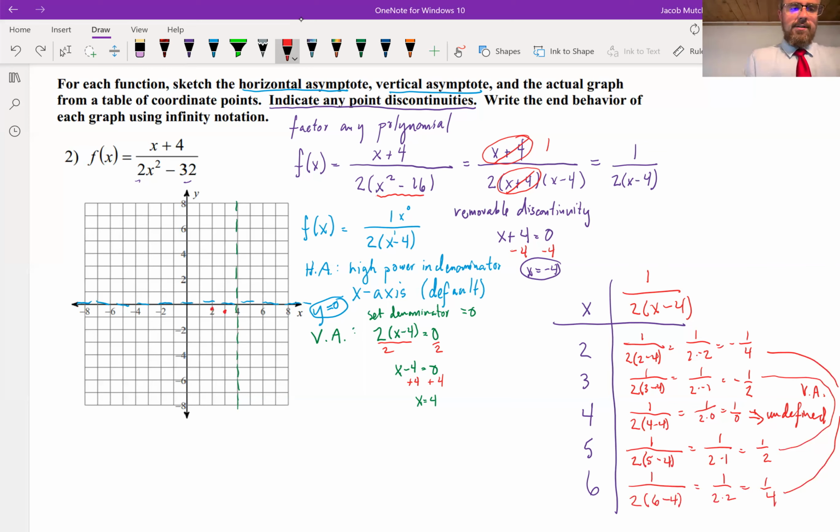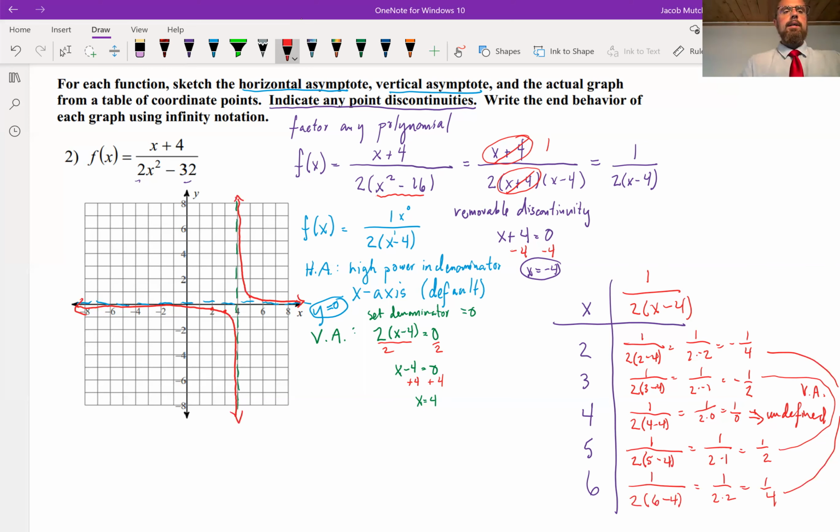I'm going to re-sketch because I veered to the left there and it looked like it made it not a function almost. That's better. And then to the right, at 5, we have positive 1/2. At 6, we have positive 1/4. And that gives us the second piece of our rational function up in quadrant 1.